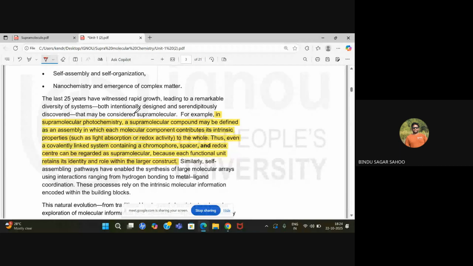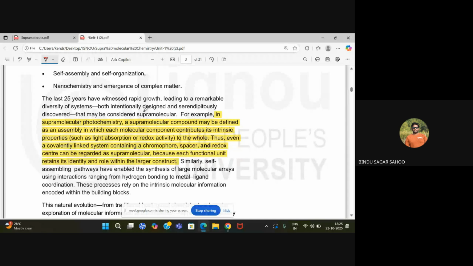In a bigger supramolecular compound, the small molecules can still absorb light and show redox activity. These types of phenomena are called supramolecular photochemistry. So in supramolecules, the small component molecules don't lose their photochemistry properties, light absorption properties, or redox activities.